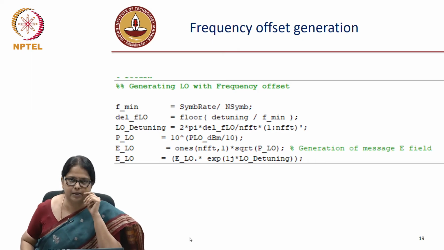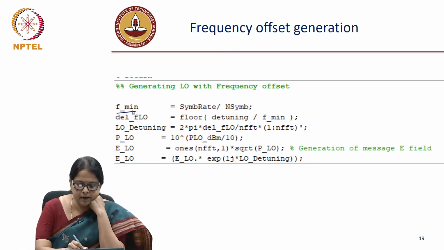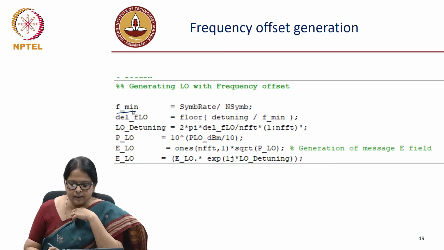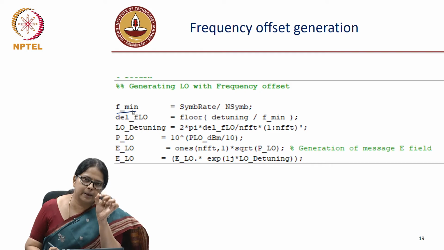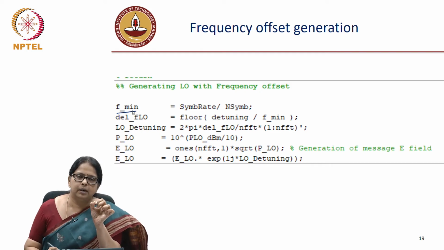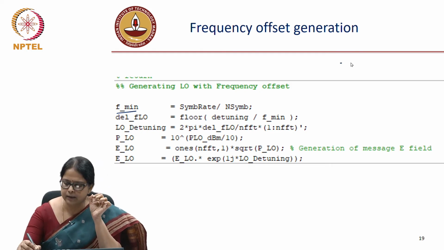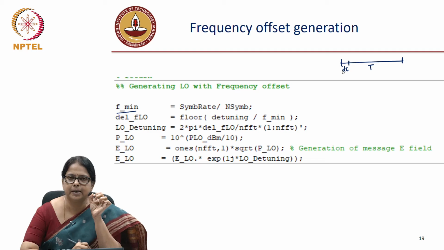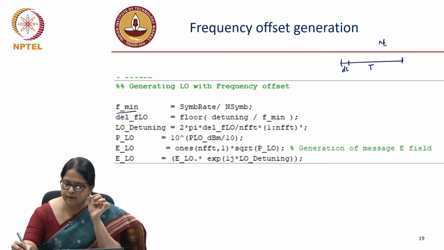In order to generate it, it is very simple. This is the minimum frequency in my simulation, which is decided by my d tau, the smallest time spacing between the sampling points. Let us say the total time window is T, and I have d tau as the spacing between two adjacent sampling points, and I have NFFT number of points here.